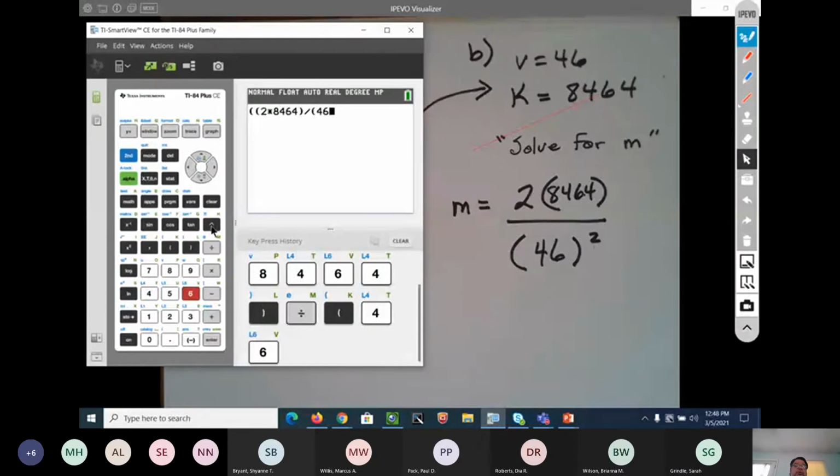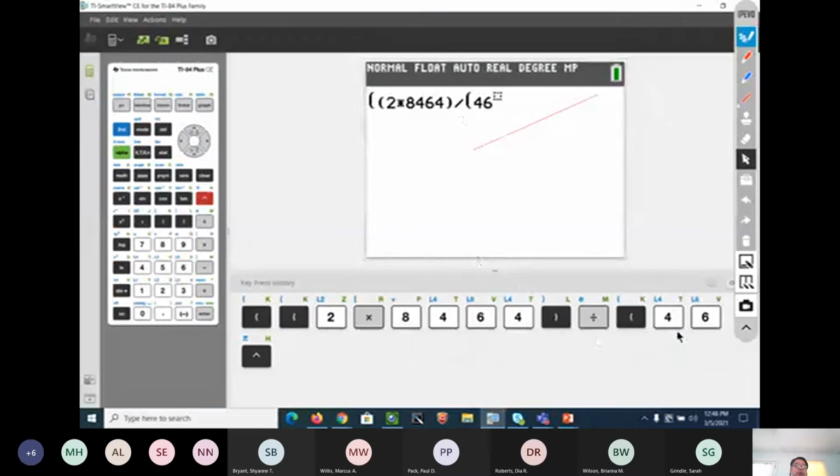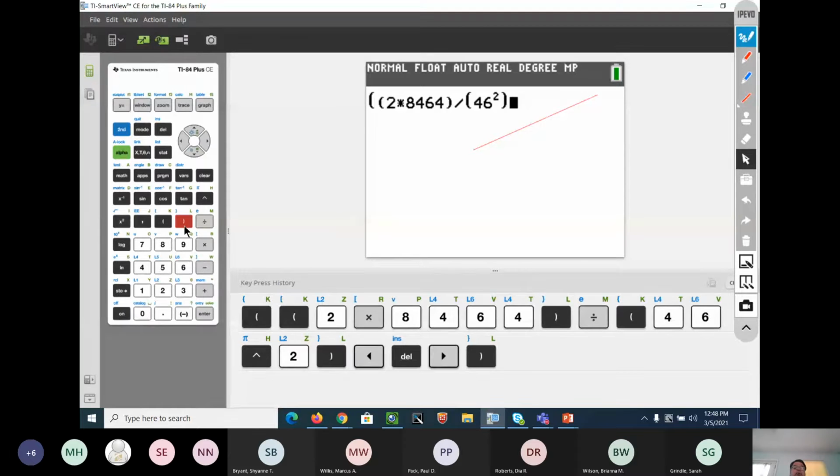That's the caret symbol right here. Let me make it big so y'all can get all the keystrokes. 2. Close parentheses. Oh, wait a minute. Hit delete, move down, there we go, and hit another there. So this parenthesis and this parenthesis takes care of 2 times 8464.